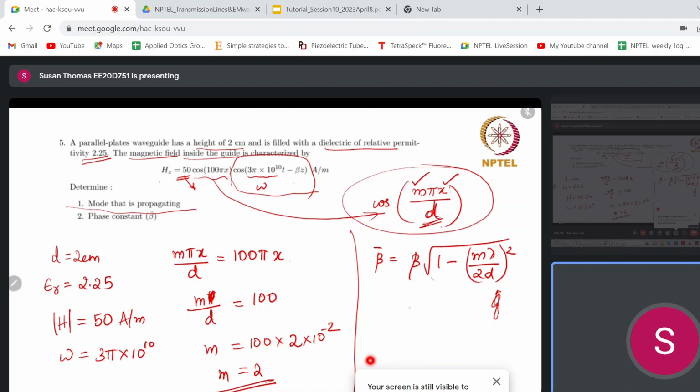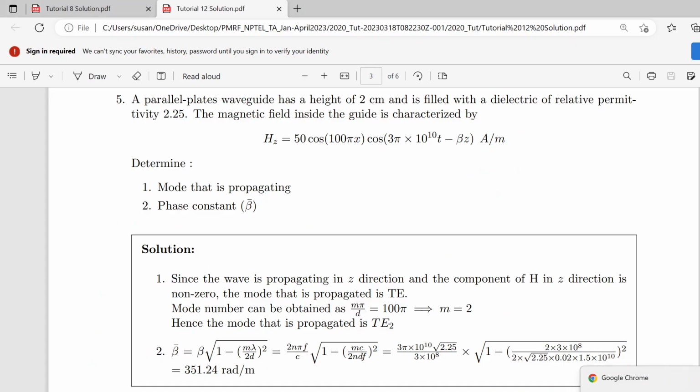Beta has to be found first and then multiplied by this square root, where m is the mode number, again 2. So you have to find out what beta is.